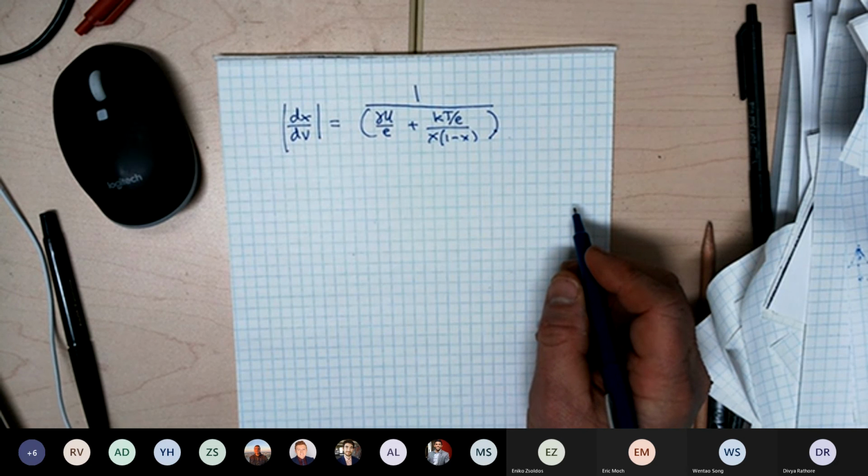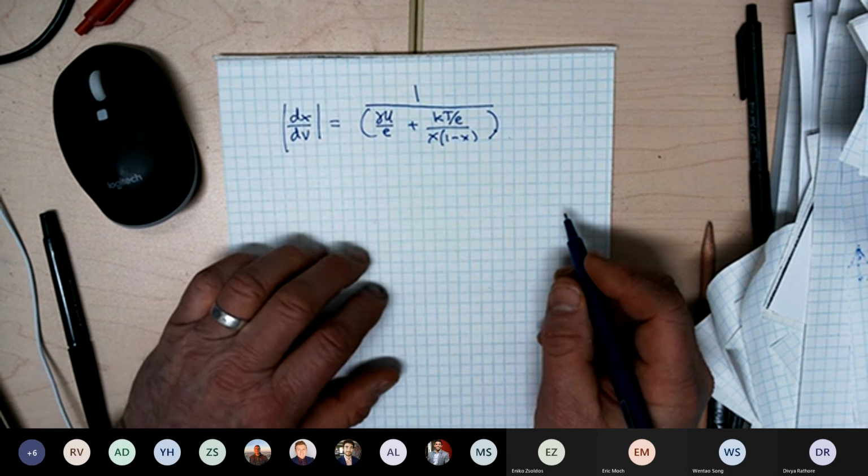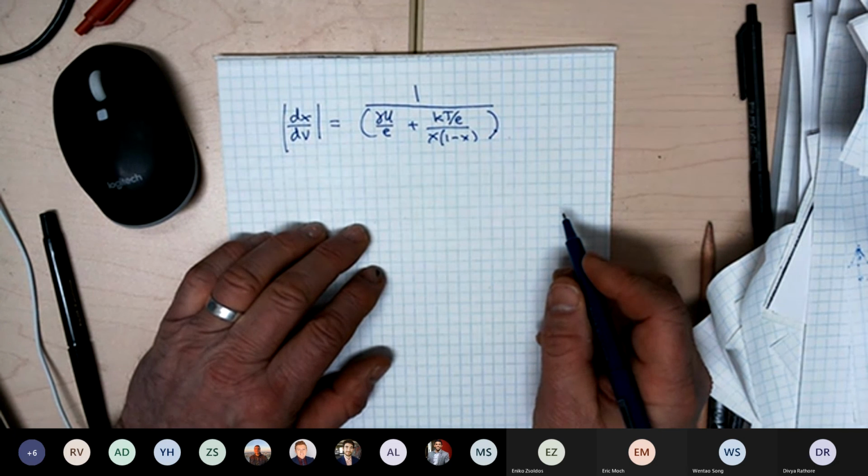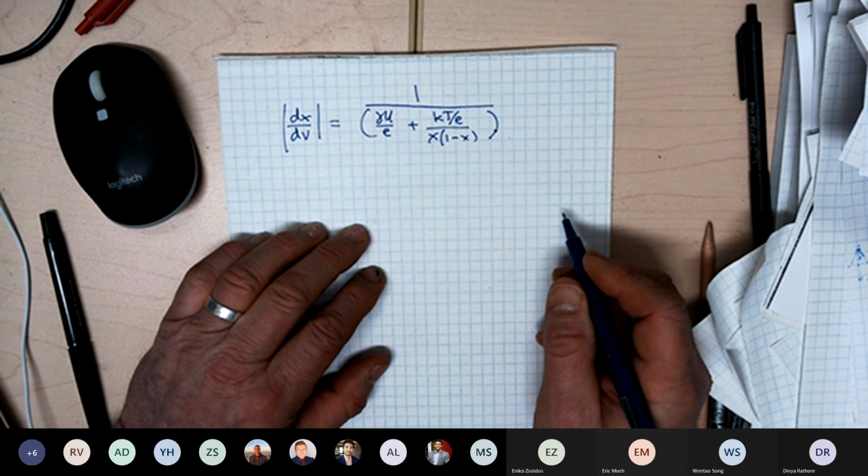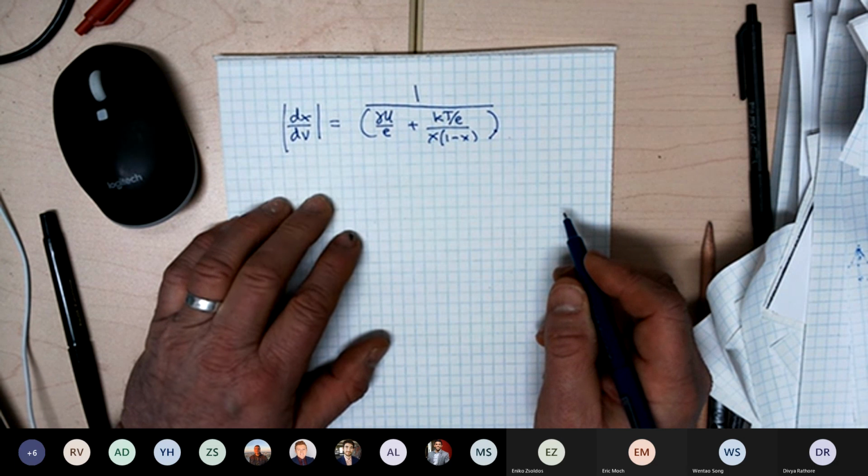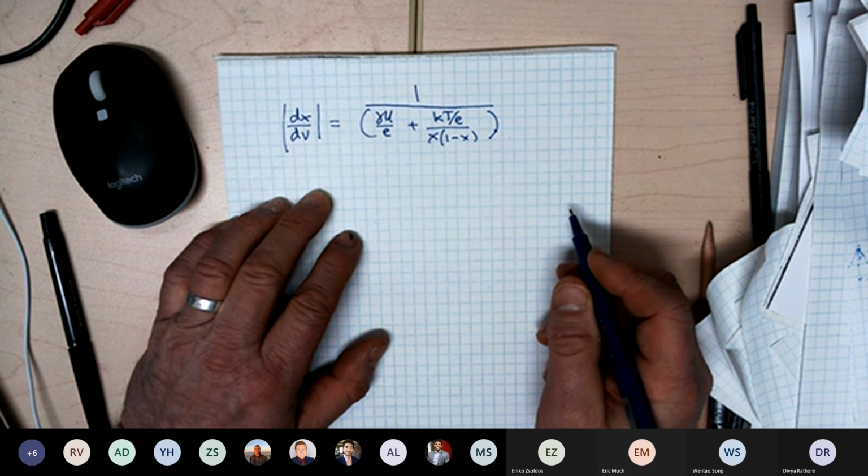Now, when we talked about these voltage composition curves a minute ago, we learned that once the voltage versus composition becomes perfectly flat, that's when phase separation will start to occur.